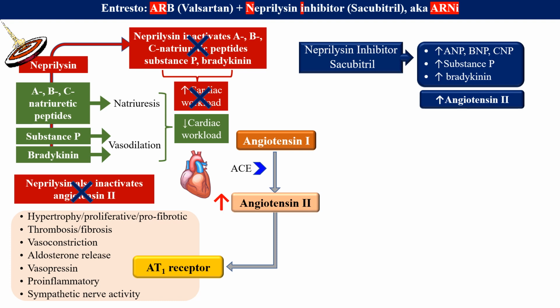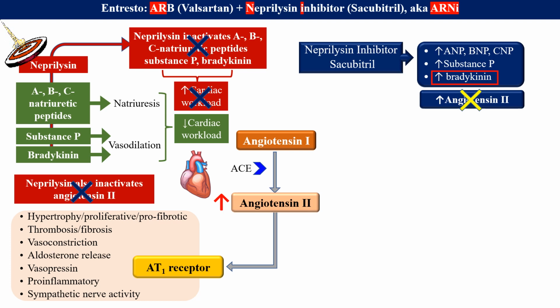To block angiotensin II, we could choose to add either an ACE inhibitor or an ARB. Since neprilysin inhibition already increases bradykinin levels, thus increased risk for angioedema, which agent would be best to add? An ACE inhibitor or an ARB?